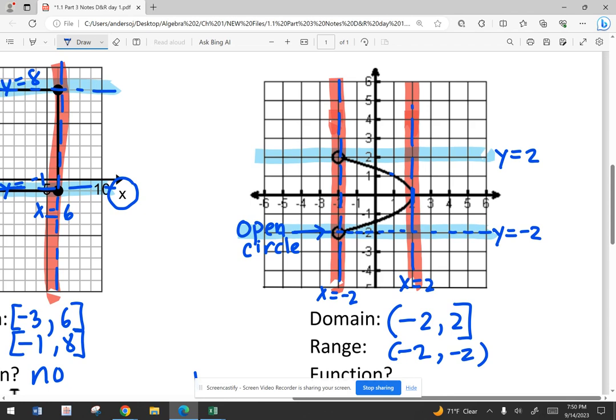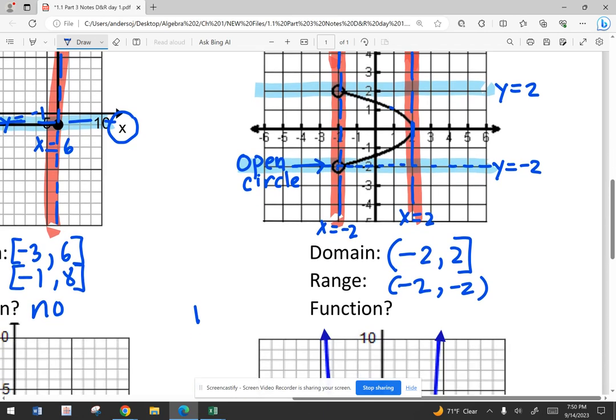You can also think of it as, if I'm going to scroll along this graph, if I go up to the graph, the first thing that I touch is an open circle. So I know that that's going to have to be a set of parentheses. Is it a function? Again, no. I can't draw that vertical line without hitting the graph twice. Now I could draw the vertical line right here, but you have to think about it has to be anywhere on that particular picture.